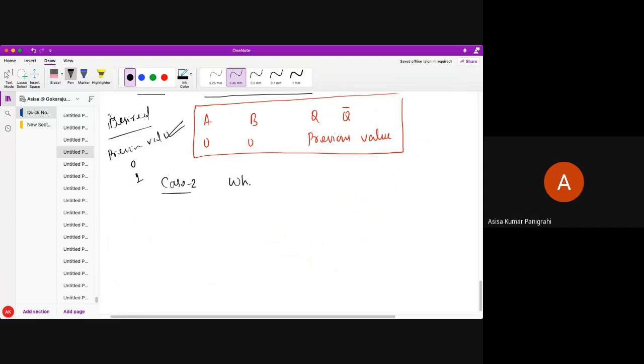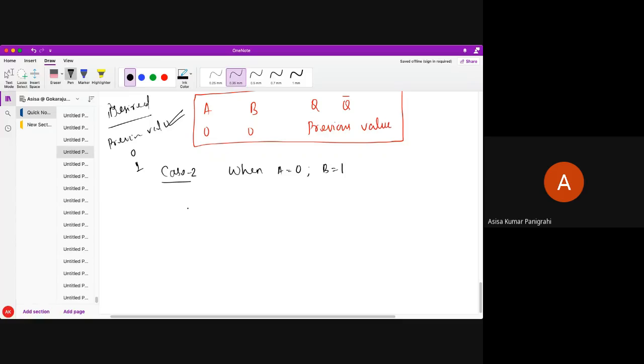What is case 2? When A equal to 0, B equal to 1. So again I am drawing the circuit for your better understanding. This circuit is very important, students. Many times I am going to use this circuit.